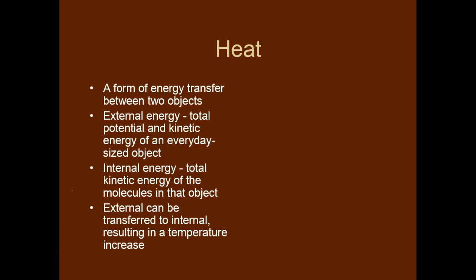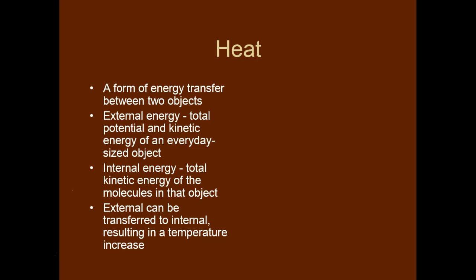The external can be transferred to internal, resulting in a temperature increase. Remember, the last chapter we talked about James Prescott Joule, the one the unit for energy was named for. Some of his experiments were a very carefully controlled situation.